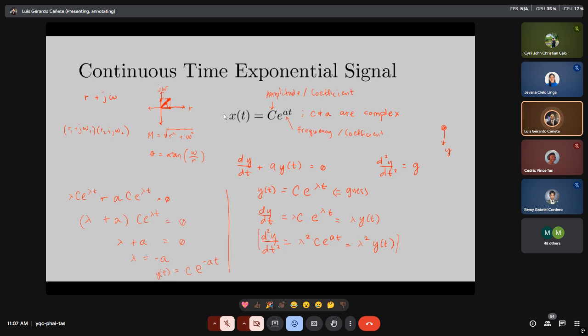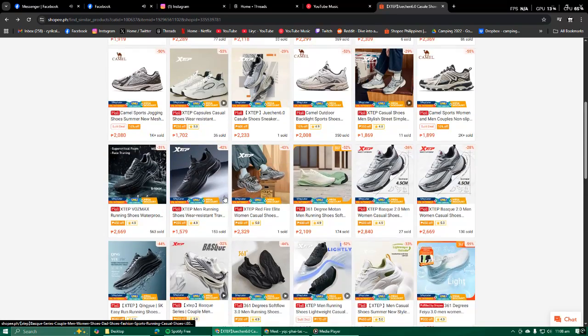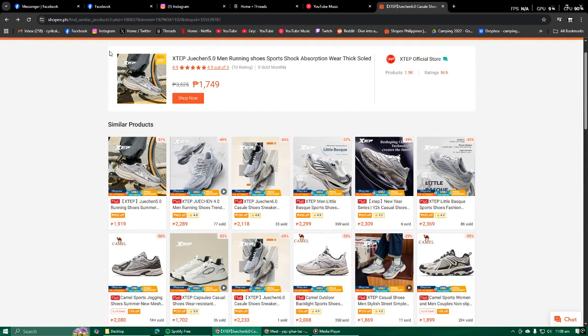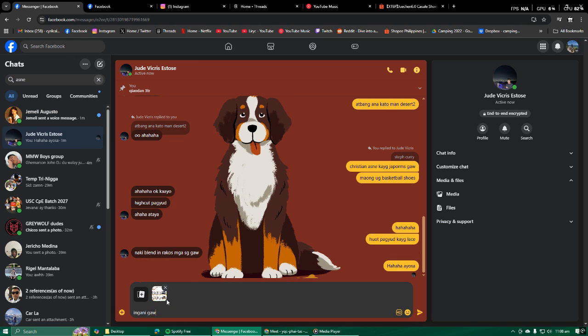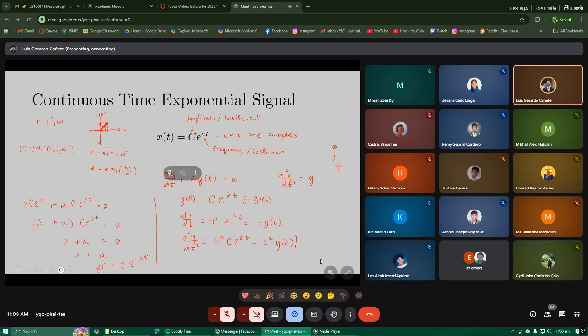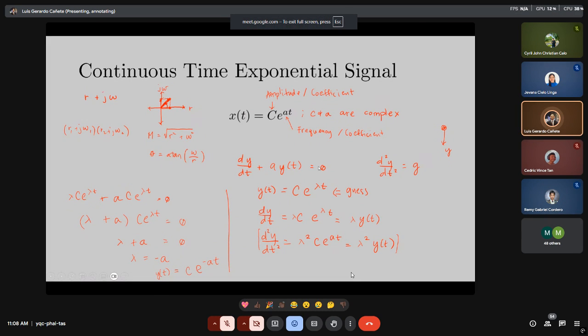So we also looked at how A and the coefficients that we have here, C and A, are complex, and we even discussed how this is the entire basis for solving differential equations according to what Euler was able to show. So if you recall, we talked about how the method of undetermined coefficients really stems from the fact that we are making a guess as to what the coefficient C and the coefficient lambda should be that can balance this differential equation.